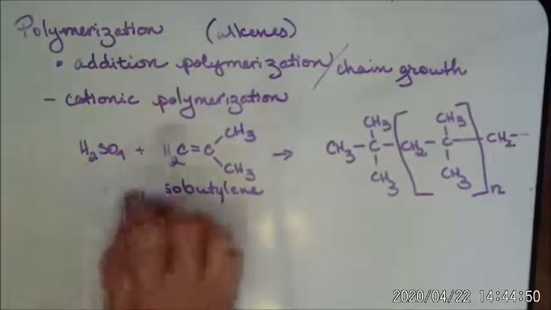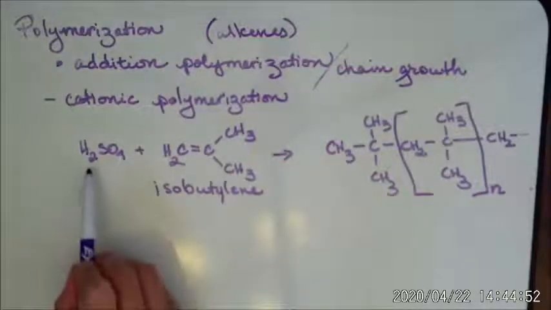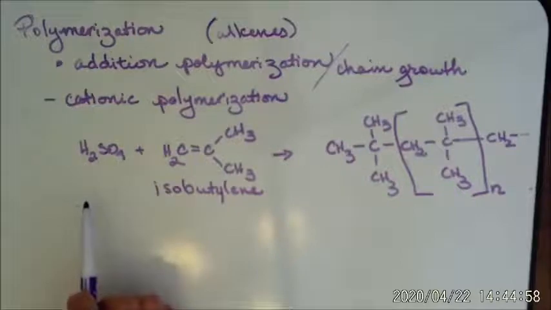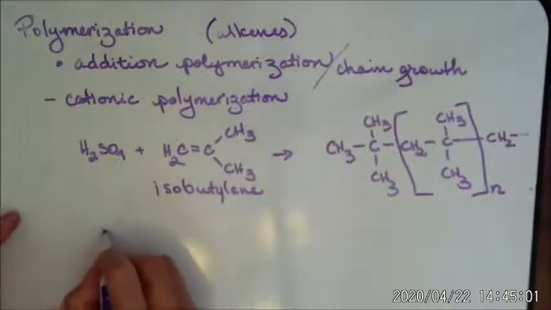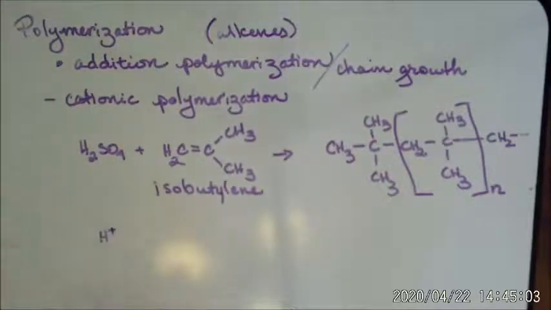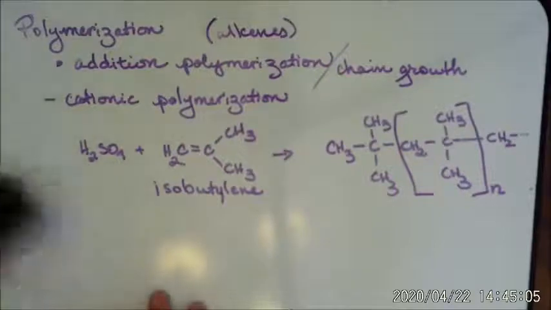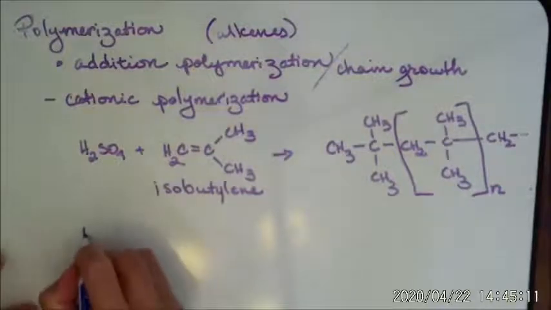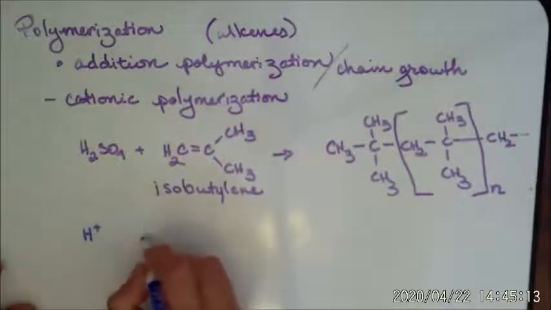For cationic polymerization, you have something to initiate it, like sulfuric acid. You have an acid, and let me just put the H plus here in a different color. What you do is you have your acid, and it reacts with your first unit.